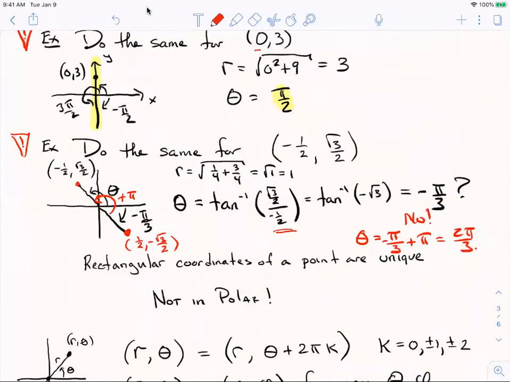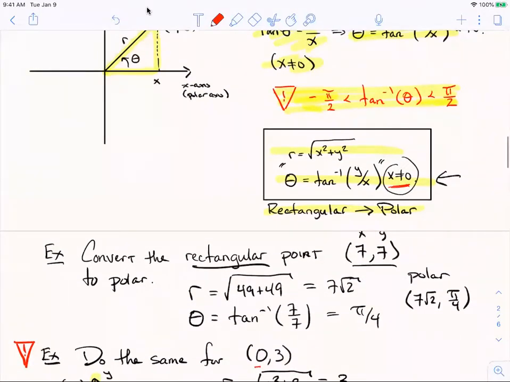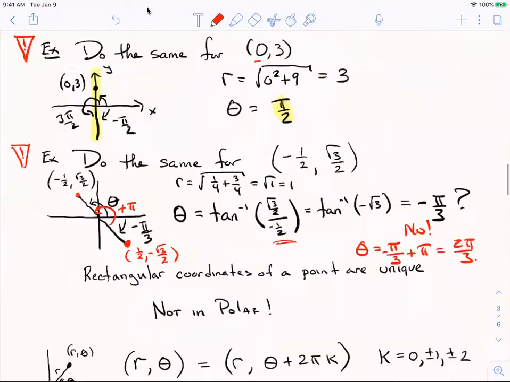All right? So we'll talk more about this, but when you are using the inverse tangent function to find the angle of a polar coordinate, that's what these quotation marks mean, if your point is in the second or the third quadrant, then you have to take your calculator answer and increase it by pi. All right, we'll talk about it in class.